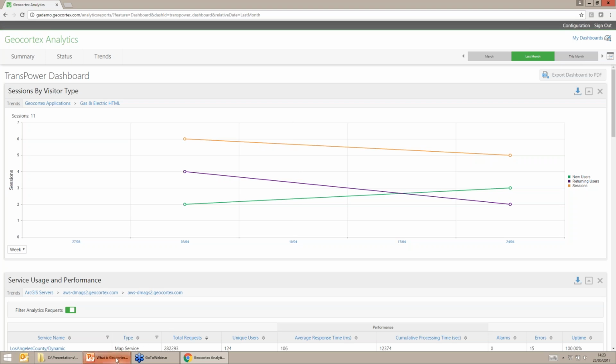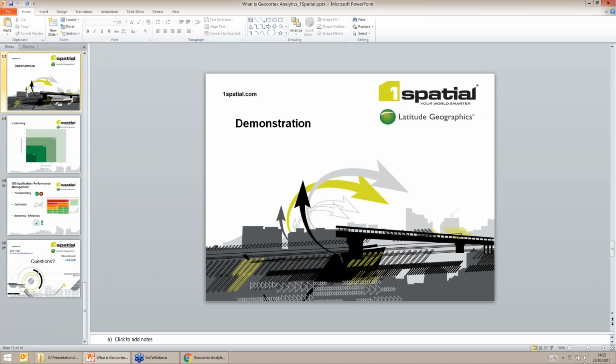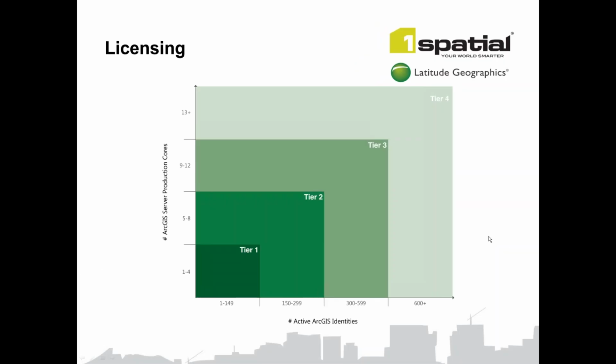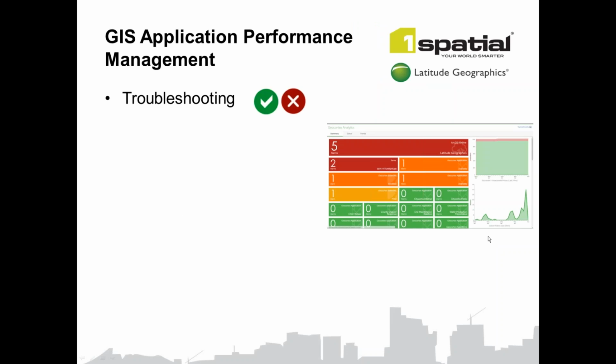So finally, just to summarize what we've been talking about here: troubleshooting, understanding where your systems are going wrong, where your services might be offline, where your services might be taking a long time to render.